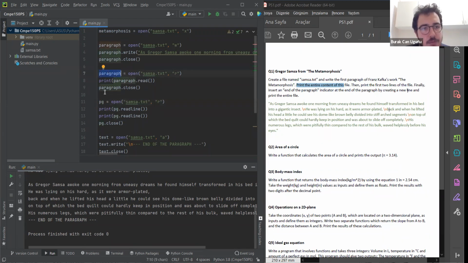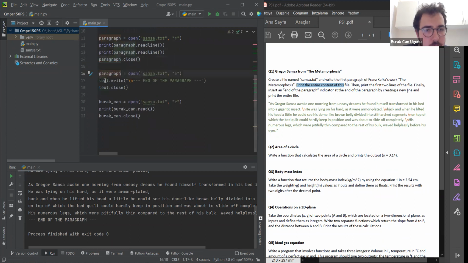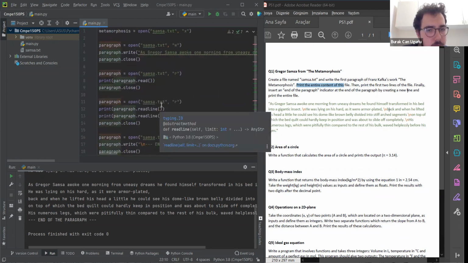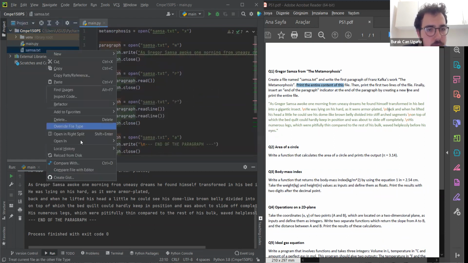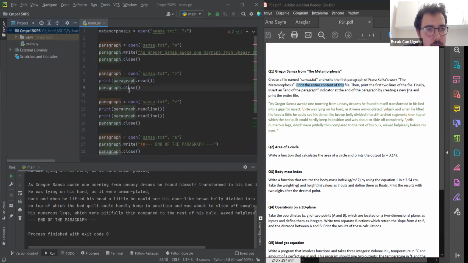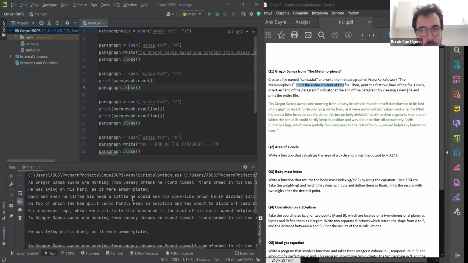We shouldn't use PNG, so let us use paragraph here for all. It does not create a problem here. So I'll delete it. So as you can see, it works also.